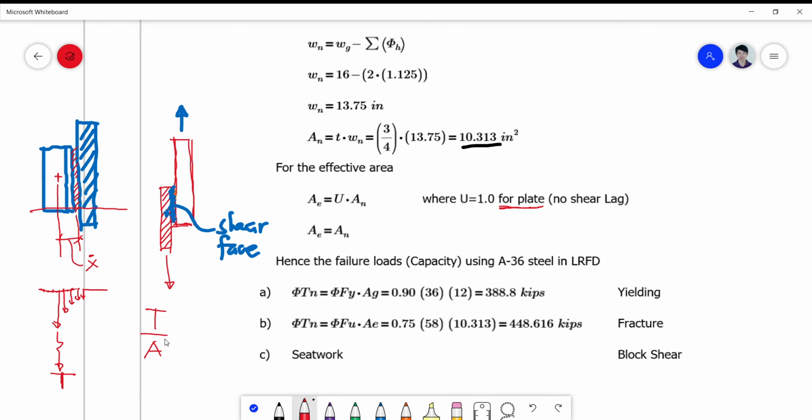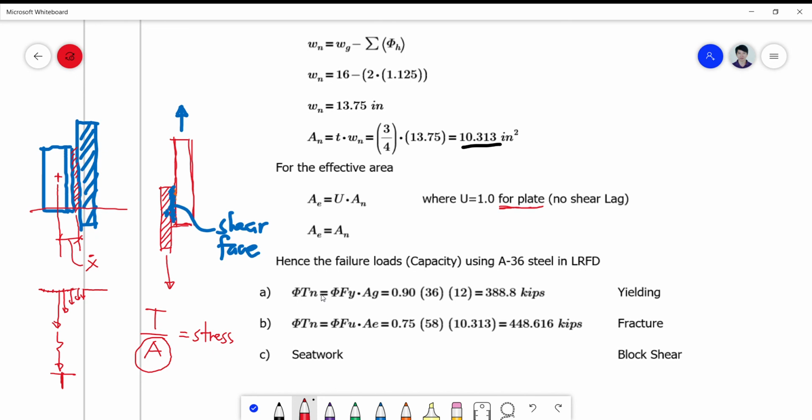So there will be a reduction of area to compensate for the actual value of your stress when you compute the strength of the section. That is how the shear lag effect is considered in your effective area.